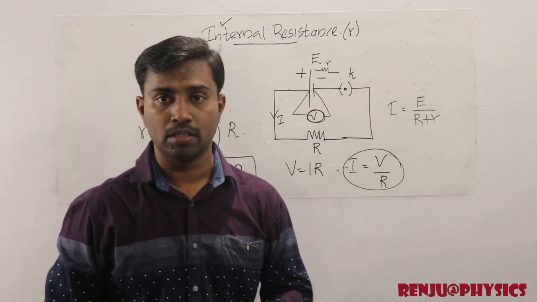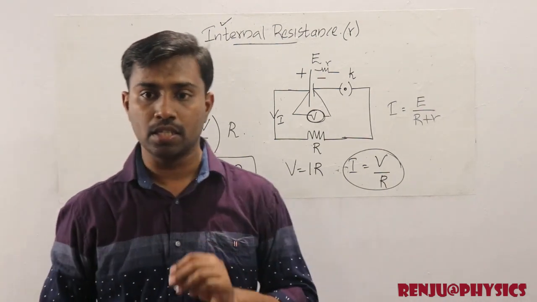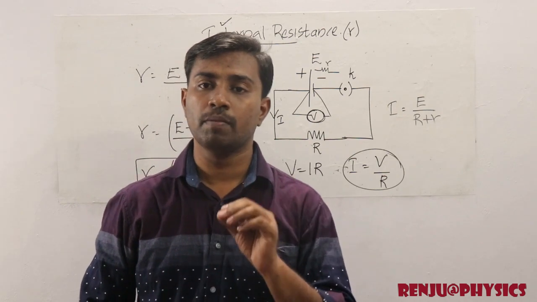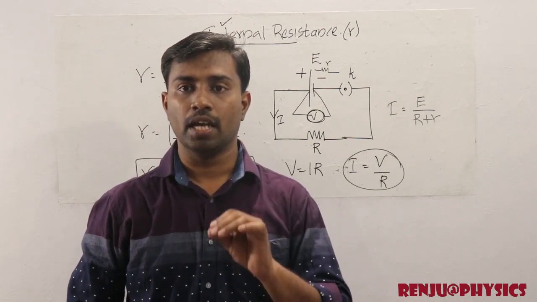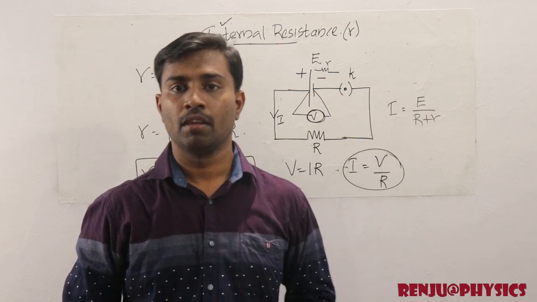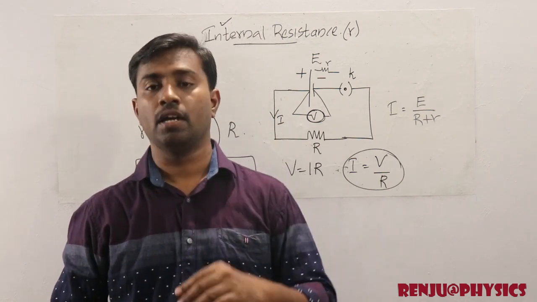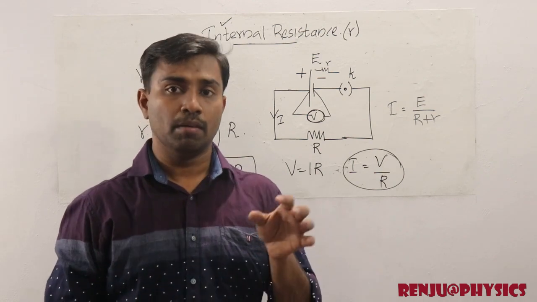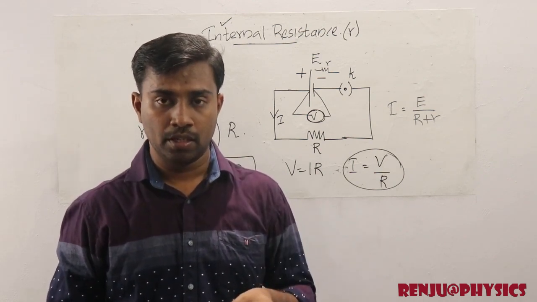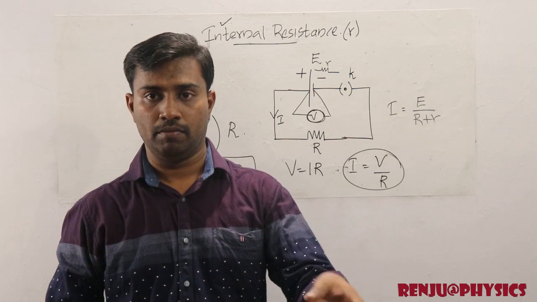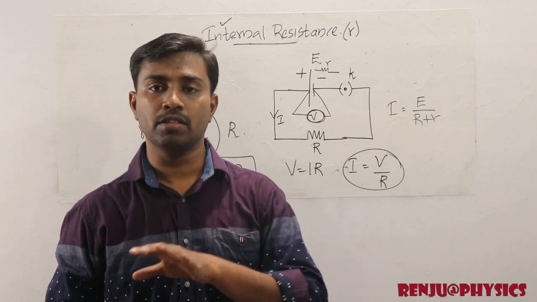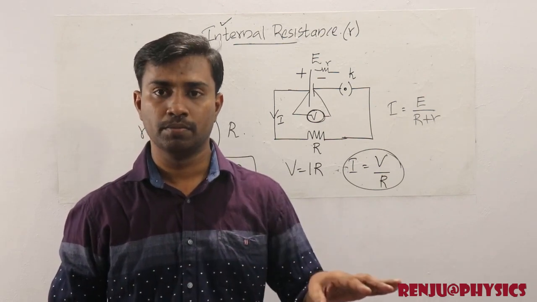So we know what is internal resistance. Internal resistance is the resistance offered by the cell when a current is drawn. Okay, and we also studied what is EMF and what is terminal potential. EMF means when the circuit is open, that means there is no current drawn in the circuit.